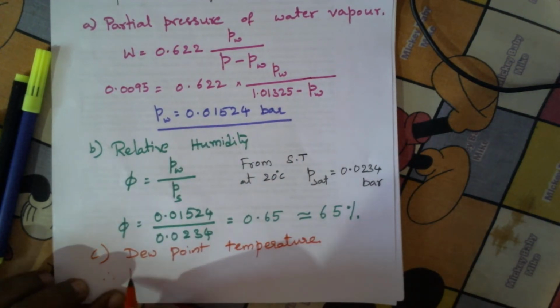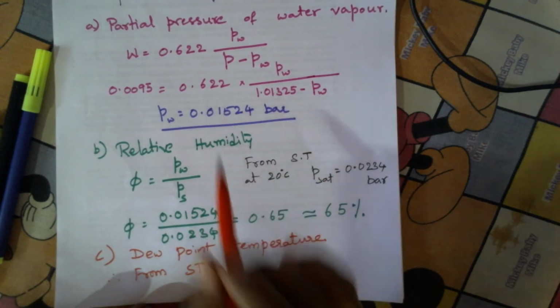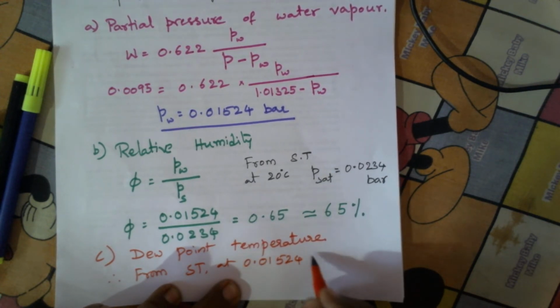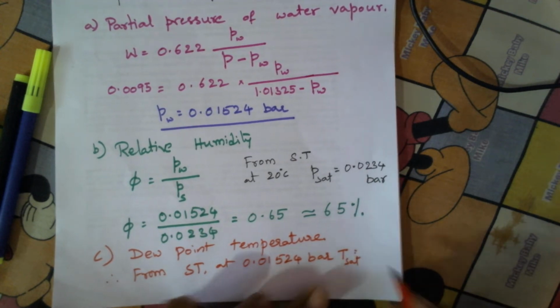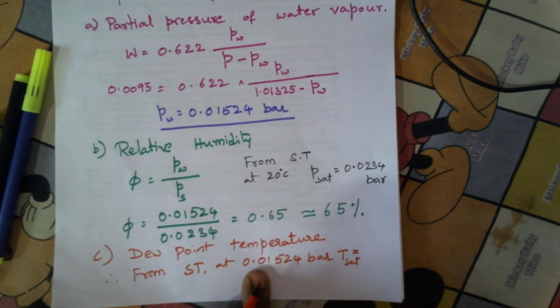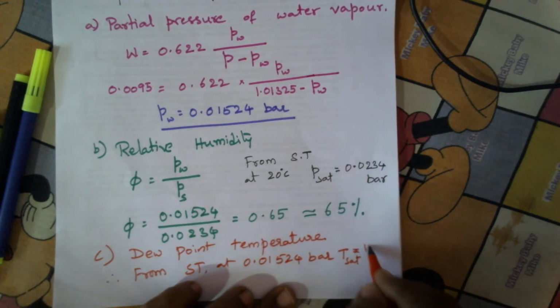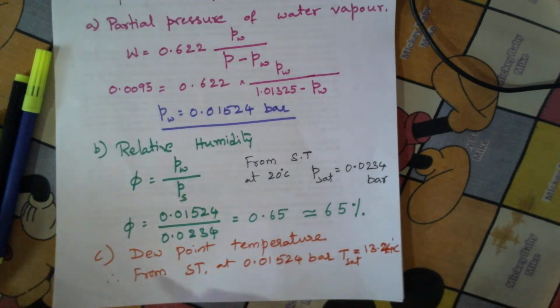It is nothing but the saturation temperature corresponding to this partial pressure of water vapor. Therefore, from steam tables at 0.01524 bar, you look at what is the saturation temperature. From steam tables you have to get this value, the saturation temperature corresponding to 0.01524 bar, and that value comes to 13.24 degrees centigrade.